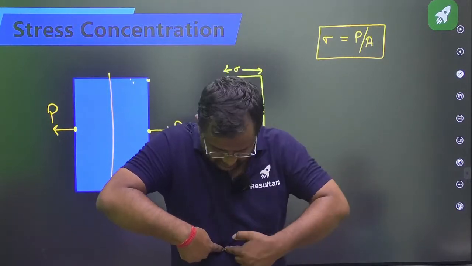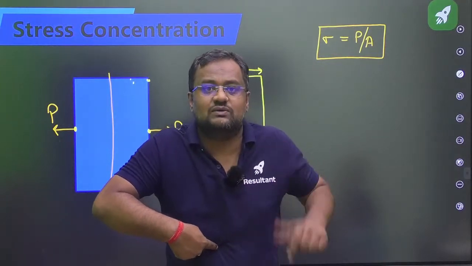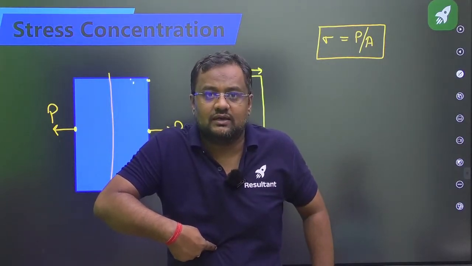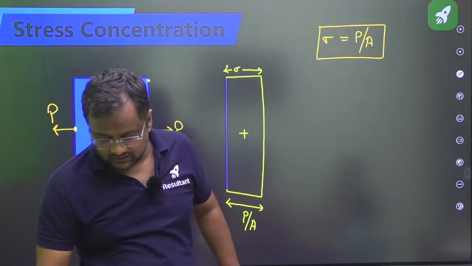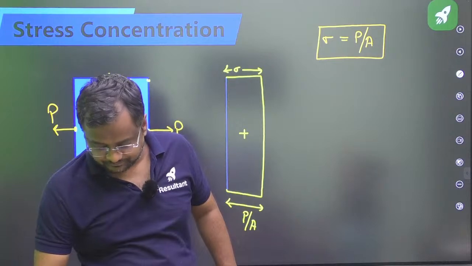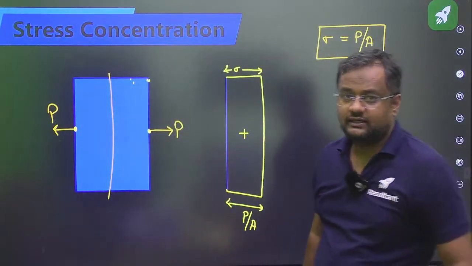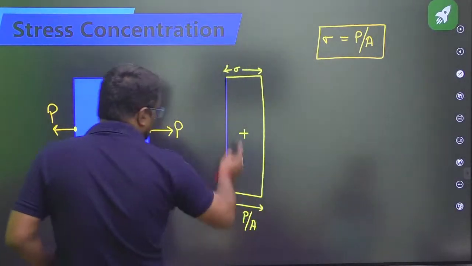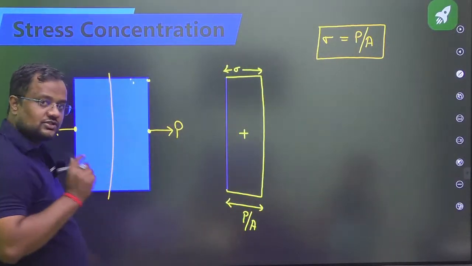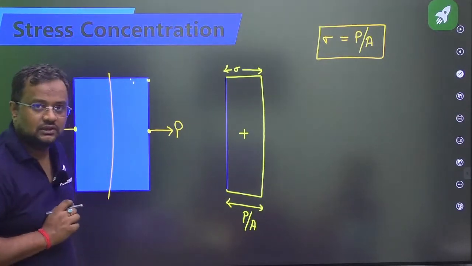So here the stress will be more, and at this point the stress will be less. But theoretically, or in the questions, we assume that the stress is P by A. Everyone got it? Actually at this point the stress is more, but this is what we do, and this is what you have to do in the examination as well.